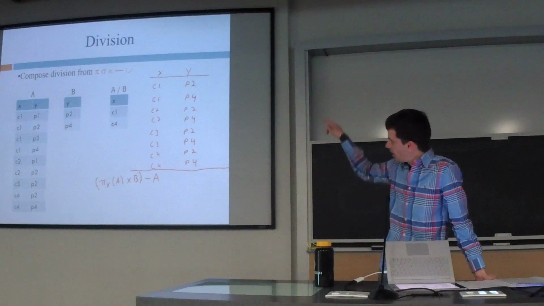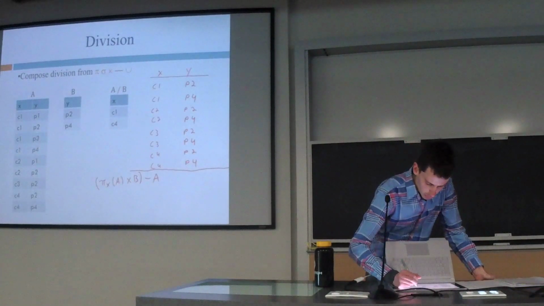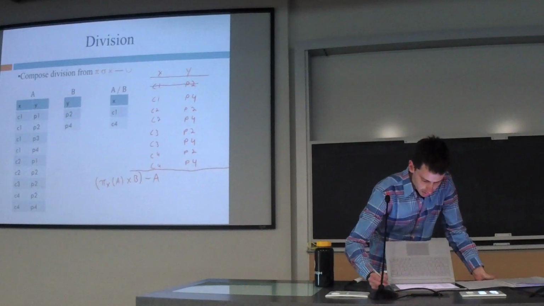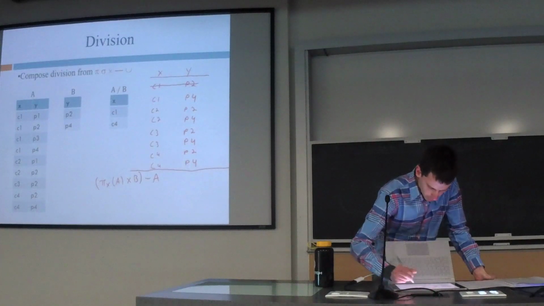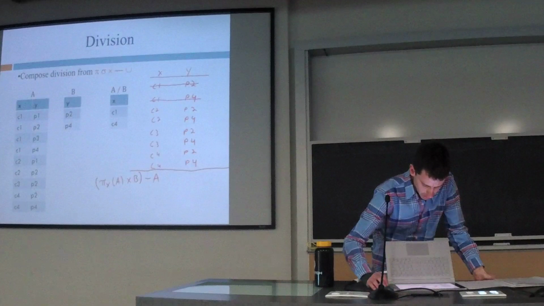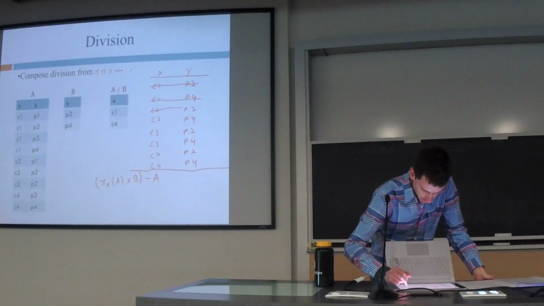Okay, so if we take that whole table, subtract out A, so let's see, C1, P2 is gone. C1, P4 is gone, yep. Let's see, C2, P2, gone.